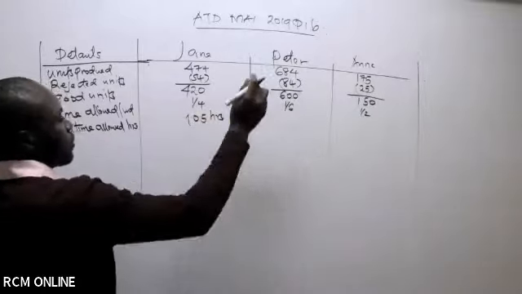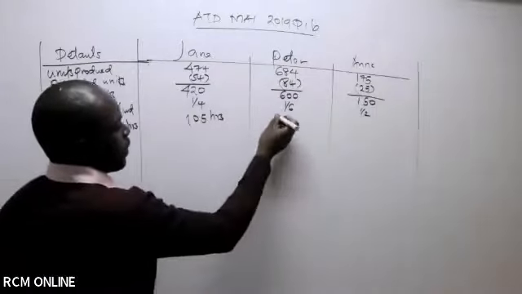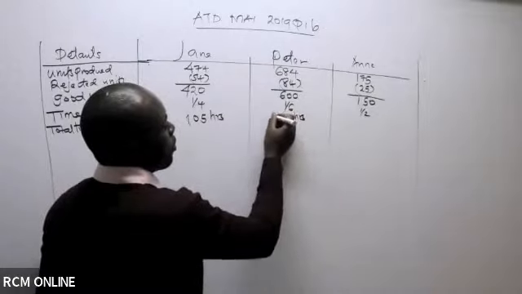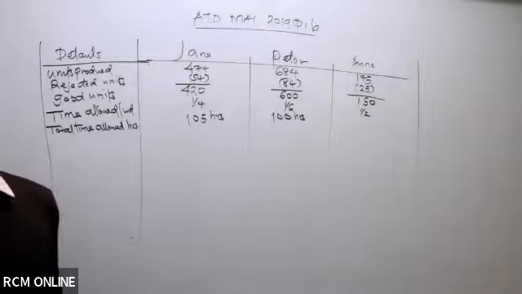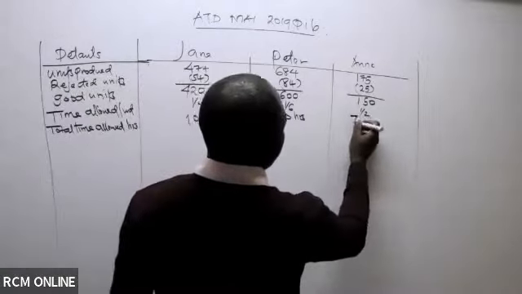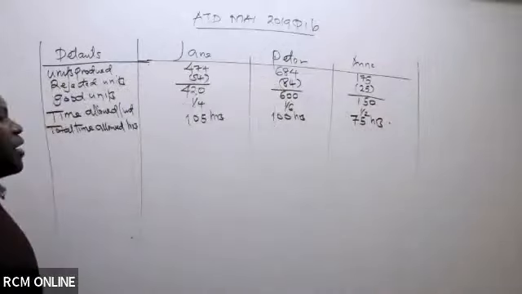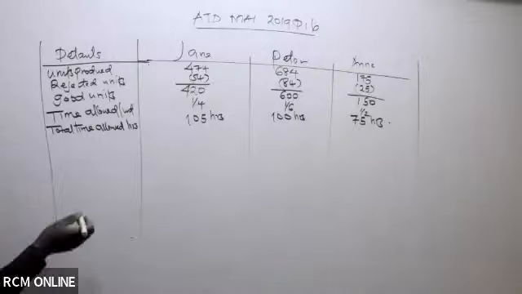A sixth of 600 itakuwa ngapi? A sixth of 600 itakuwa 100. Then half of 150 itakuwa ngapi? 75 hours. Good.